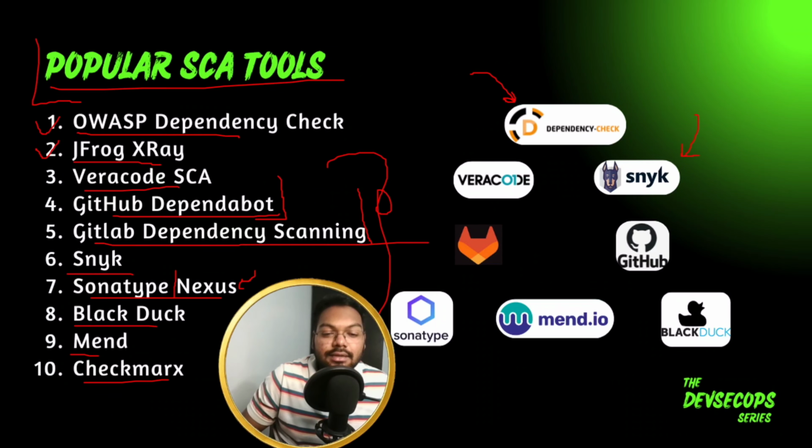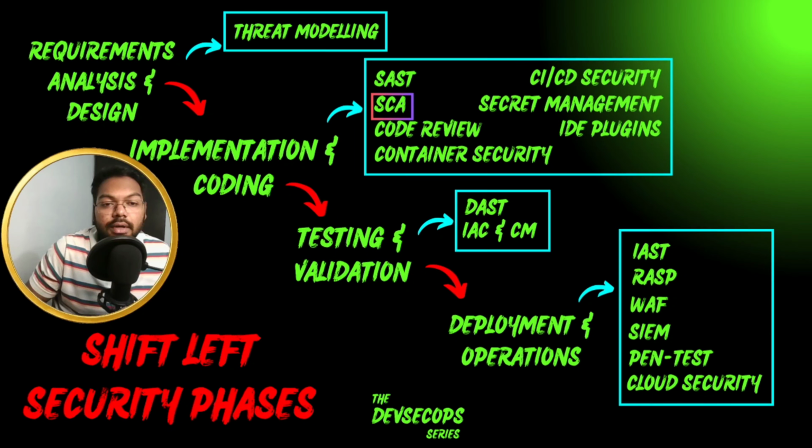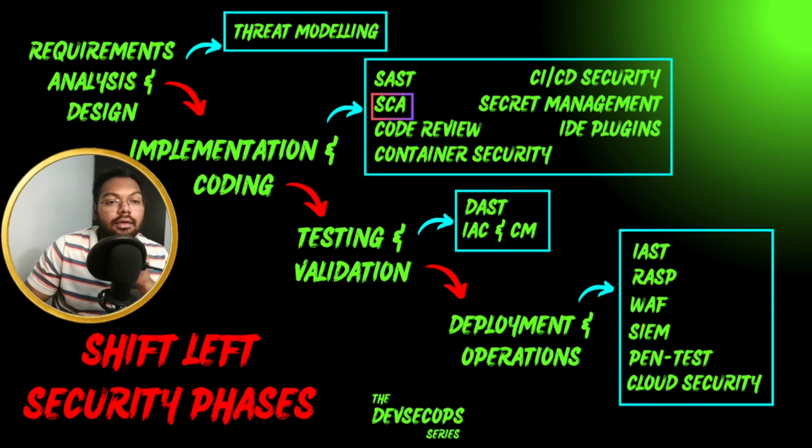So next is, I guess, the last topic of this particular slide deck. We have almost covered the entire stuff about SCA. There is nothing much else about SCA that you need to worry about. And by this, we have covered the third topic, which is SCA. We have learned what threat modeling is and what SAST is.